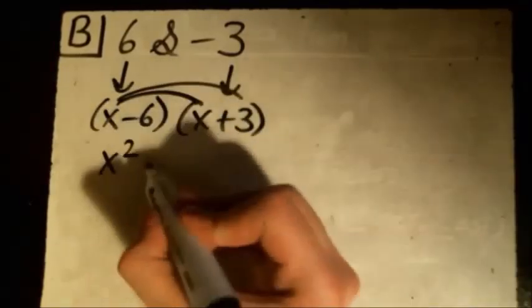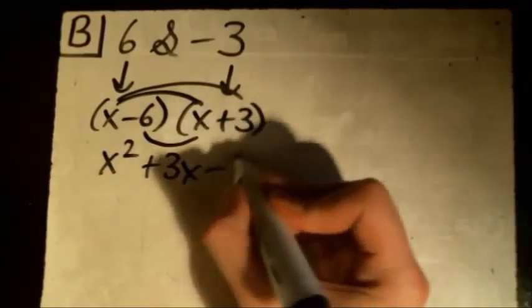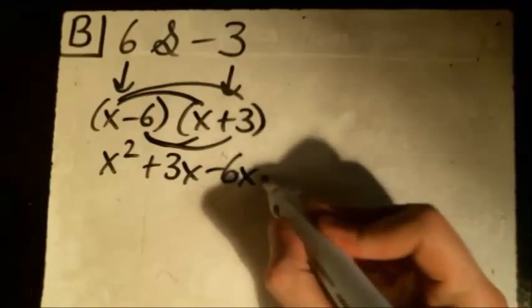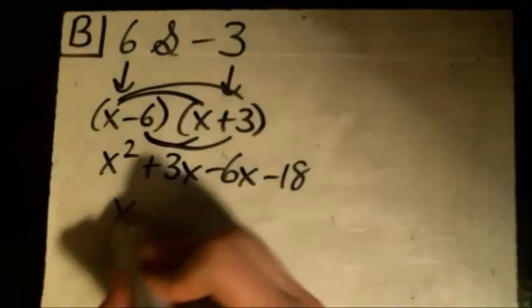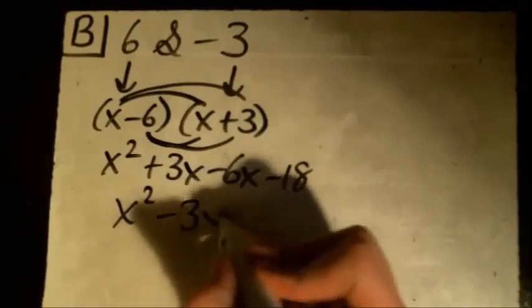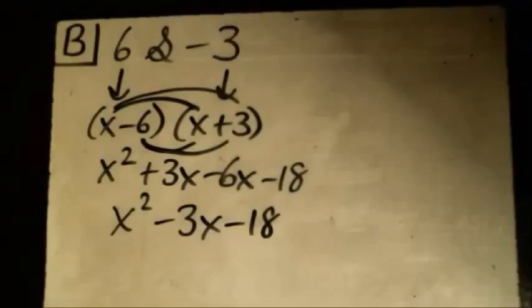X times 3 would be 3x. Negative 6 times x would be negative 6x. And negative 6 times 3 would be negative 18. So, x squared, 3x minus 6x would be negative 3x, and then negative 18. So your answer would be x squared minus 3x minus 18.